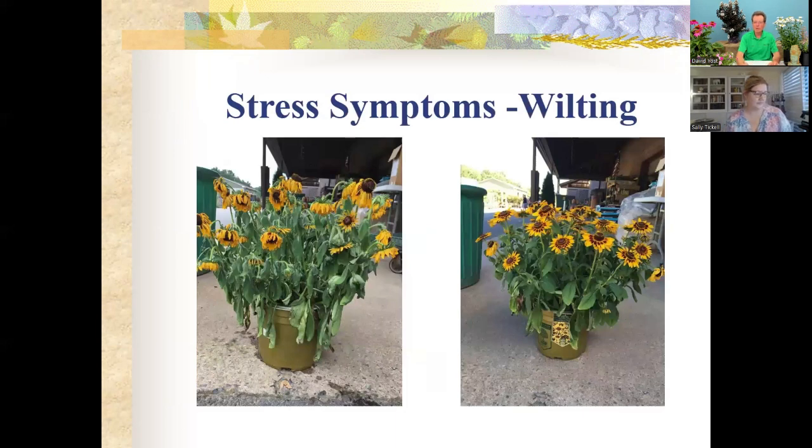Visually, one of the most dramatic and first things you start to see, of course, is that the plant starts to wilt. In the absence of water, those cells are not able to remain plump and turgid, and so they start to wilt. When you see a plant like this, and it's been hot and dry, it's pretty clear, I would think, oh, I need to water the plant.